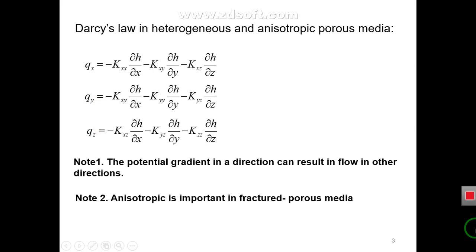This equation means that the potential gradient in a particular direction, for example in the x direction, can result in water flow in other directions. So this is very important in water flow studies in fractured and porous media.